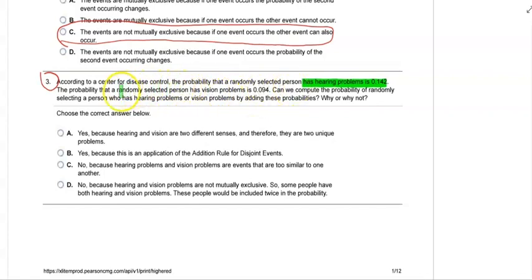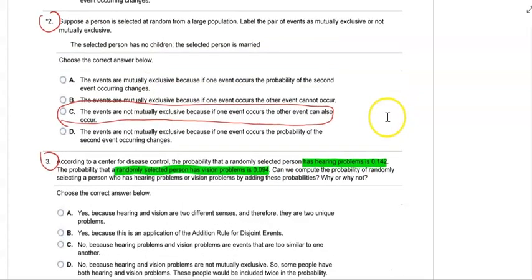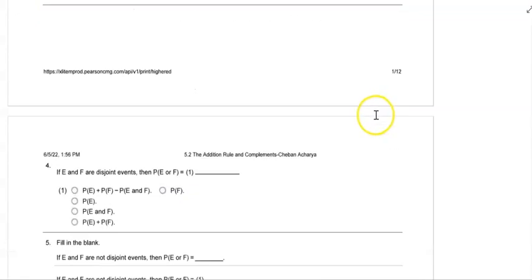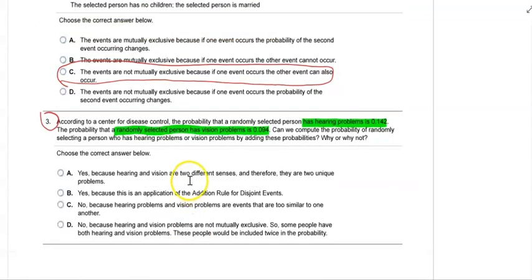Notice that you select the person randomly. Can you compute the probability of randomly selecting a person who has a hearing problem or a vision problem by adding these probabilities? Why or why not? Notice that it's talking about the formula. We talk about the formula here at the bottom.